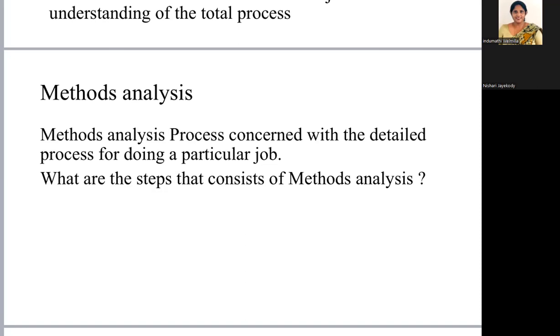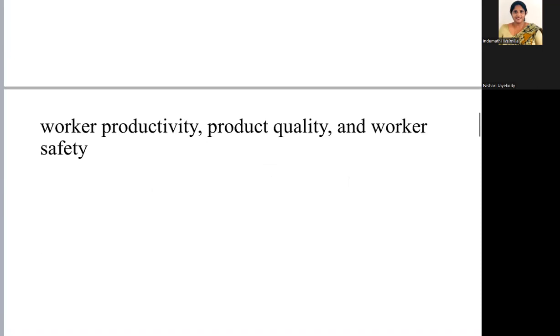And next, so far we have discussed job design and method analysis in detail. And then next we also need to understand the effect of working conditions on work productivity, product quality, and worker safety.